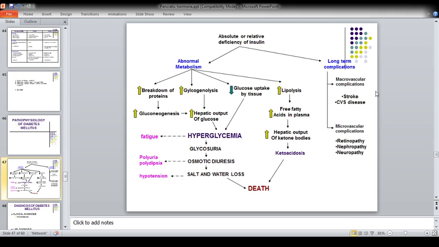They start getting clogged, blocked. So in addition to hyperglycemia, there is hypercholesterolemia in a diabetic patient, increased free fatty acids in a diabetic patient. This cholesterol would start building up in the smaller as well as larger vessels.